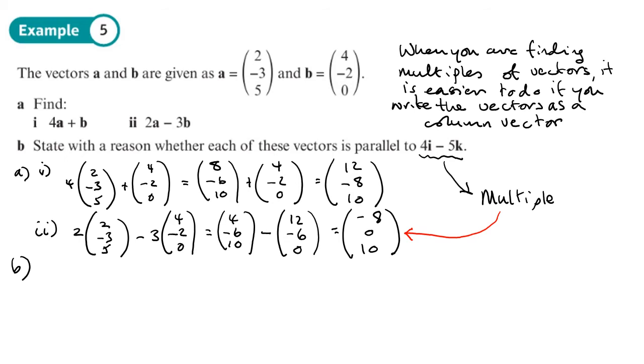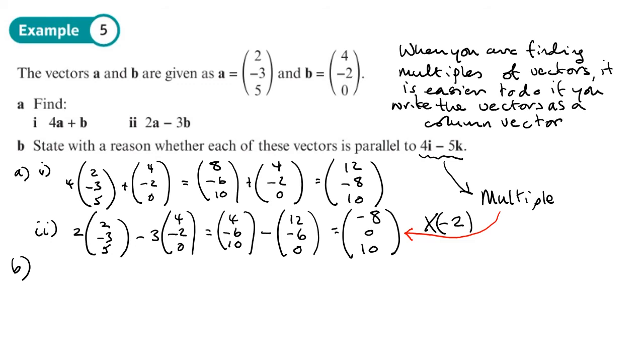If I multiply that 4i minus 5k by -2, then I get that vector there.